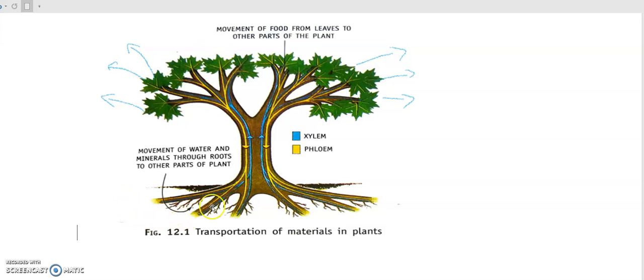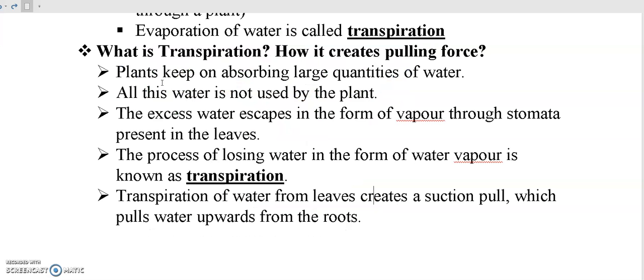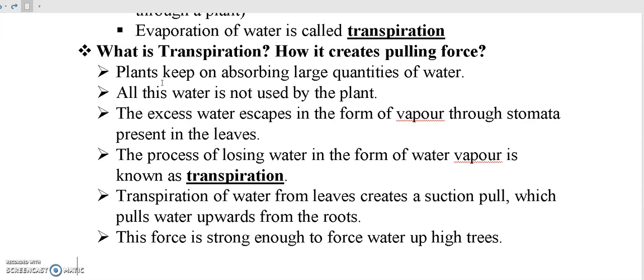So from here, the water keeps on going upwards. This is a kind of pulling sensation. This force is so strong that it forces the water up high trees.